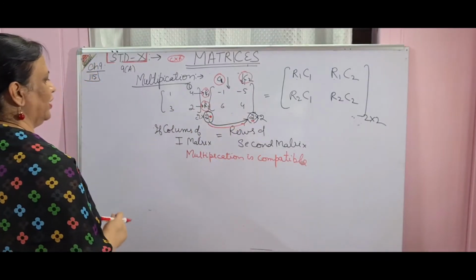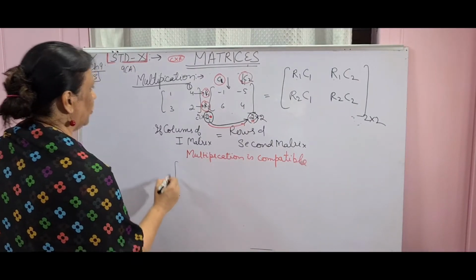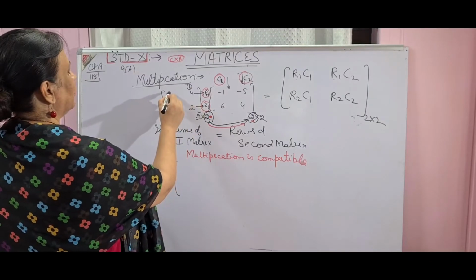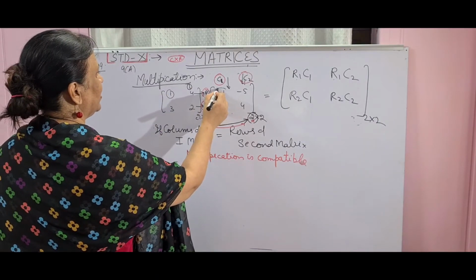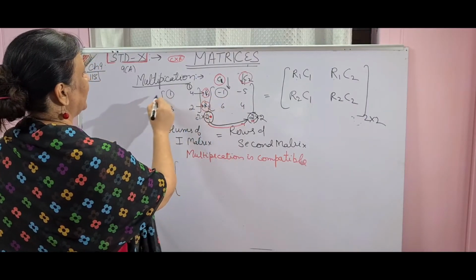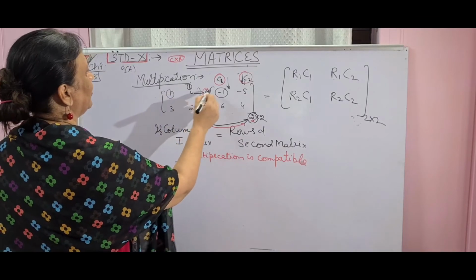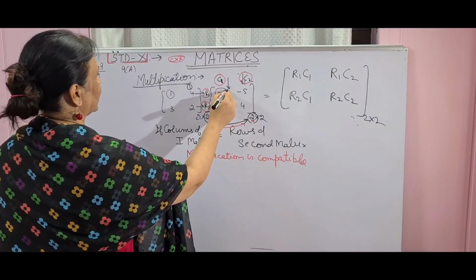Now you must be wondering what ma'am is saying, so let me explain. What does it mean? Row 1, column 1 means the first element of row 1 to be multiplied by the first element of column 1 of the second matrix. The first matrix row will be multiplied by the column of the second matrix.